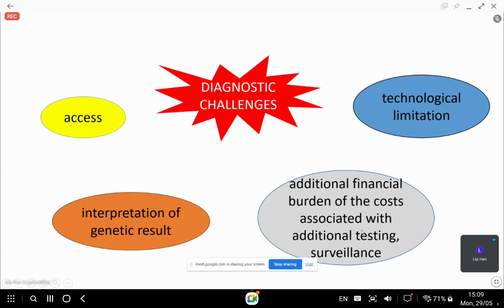Sometimes with a positive or uncertain result, it may cause additional financial burden because we need to test more family members, the parents and siblings, to get more clues. This means the parents need to pay extra money. And sometimes with positive genetic results, we need to do more surveillance, which also causes additional burden to the family.